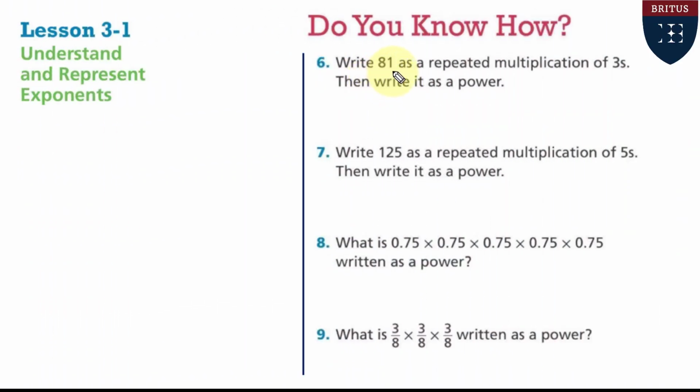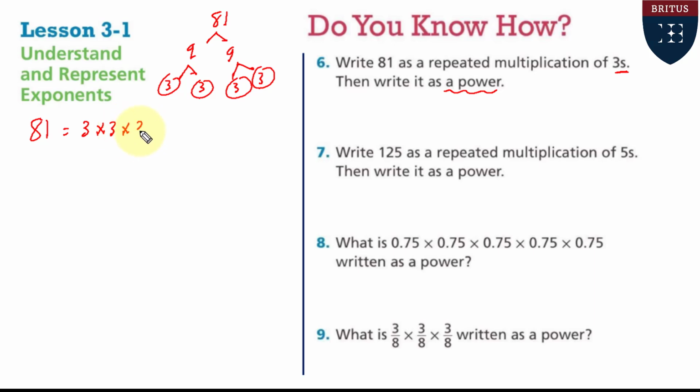First example: write 81 as a repeated multiplication of 3's, then write it as a power. Look, we studied 81. We can write it as 9 times 9, and 9 is 3 times 3. Now, we can write 81 as what? We can write 81 as 3 times 3 times 3 times 3. Now, 3 is repeated how many times? 4 times.